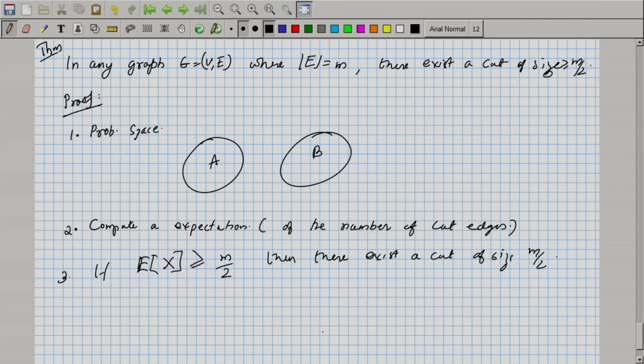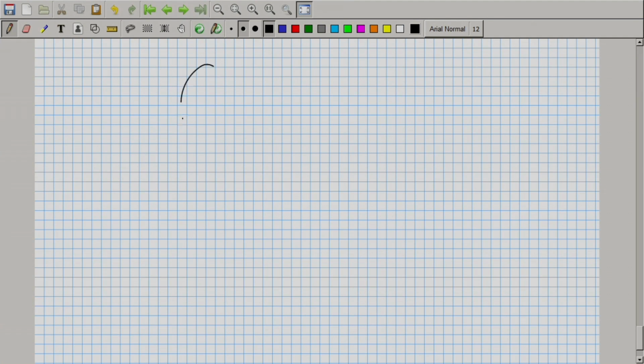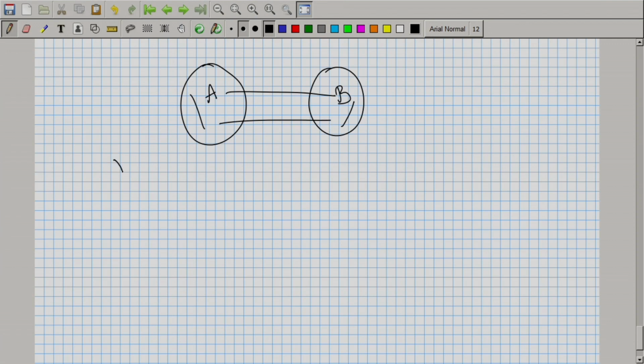How do we calculate the expectation of the number of edges in the cut? So, let us do the following. So, this is our randomly chosen cut, and these are, let us say, the edges in the graph. We will have a random variable x_e for each e belonging to the edge set, and this x_e is 1 if and only if e is a cut edge.